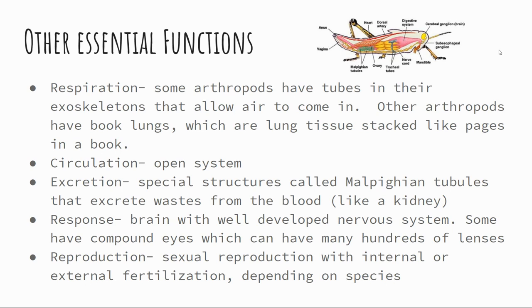With excretion, they have special structures called Malpighian tubules that excrete waste from the blood, and these tubules act like a kidney, but they're not a true kidney. For the response system, they have a brain with a well-developed nervous system. Some have compound eyes, which have many hundreds of lenses. Reproduction: we see sexual reproduction with internal and external fertilization, depending on the species.